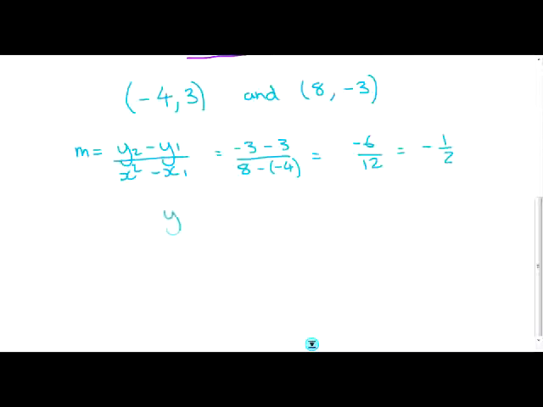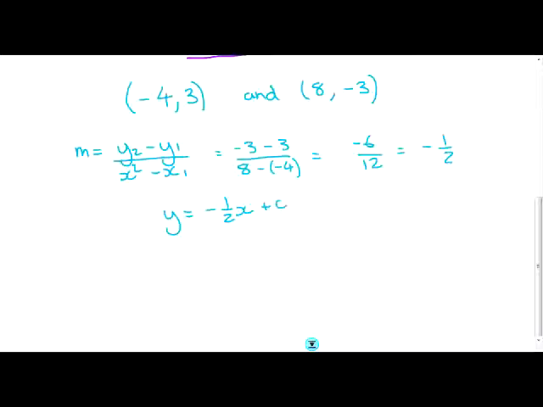So at this stage we know y is equal to minus a half x, and then something else is happening. This one's definitely the easiest to do it with, so half of that is 4, so minus half is minus 4 plus 1. Let's check that out. Half of that is minus 2, so minus half is therefore 2, and add 1, it works.